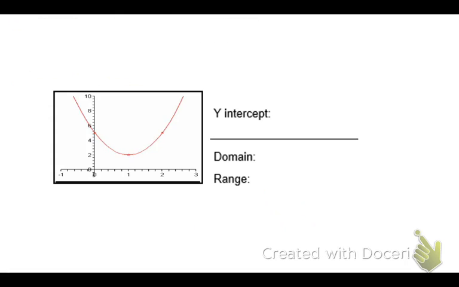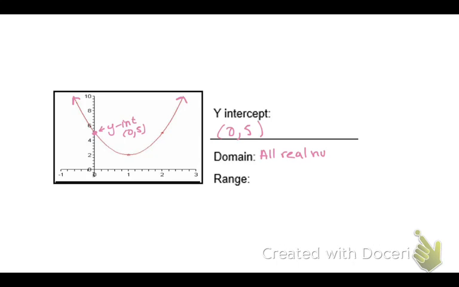The last example is as follows, okay? So the y-intercept is where our line crosses the y-axis, which is here. The y-intercept is (0, 5). Now my domain, from left to right, it just goes to infinity, so it's all real numbers.